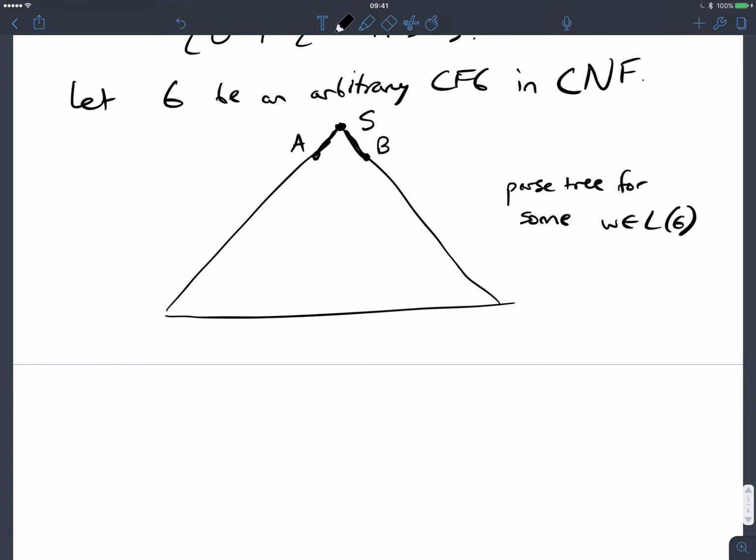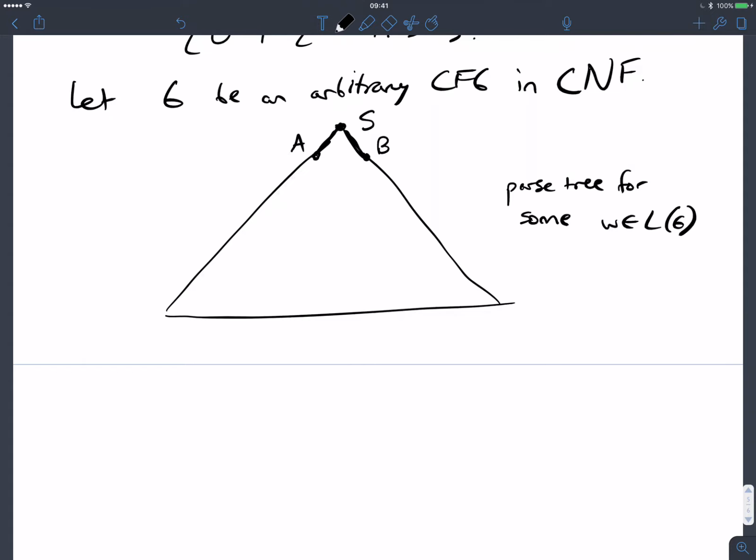What do I know about A and B here, in terms of what they are not? They're not the start variable because the grammar is in CNF. Here's another nice property. Can A or B make the empty string?